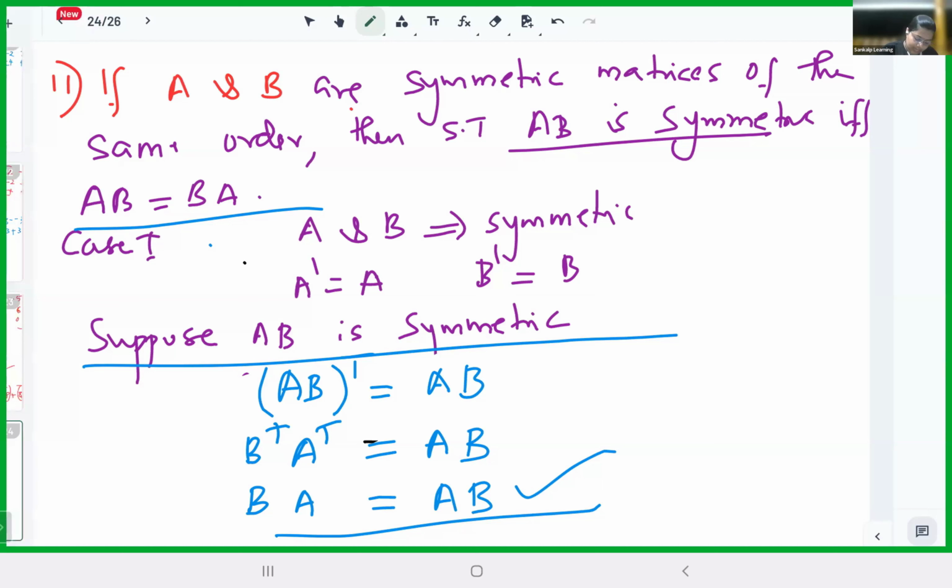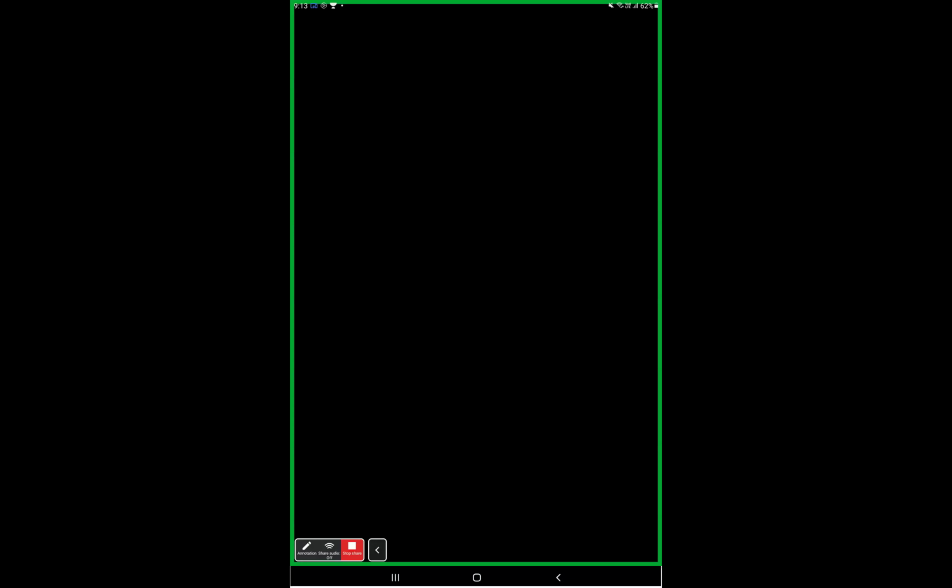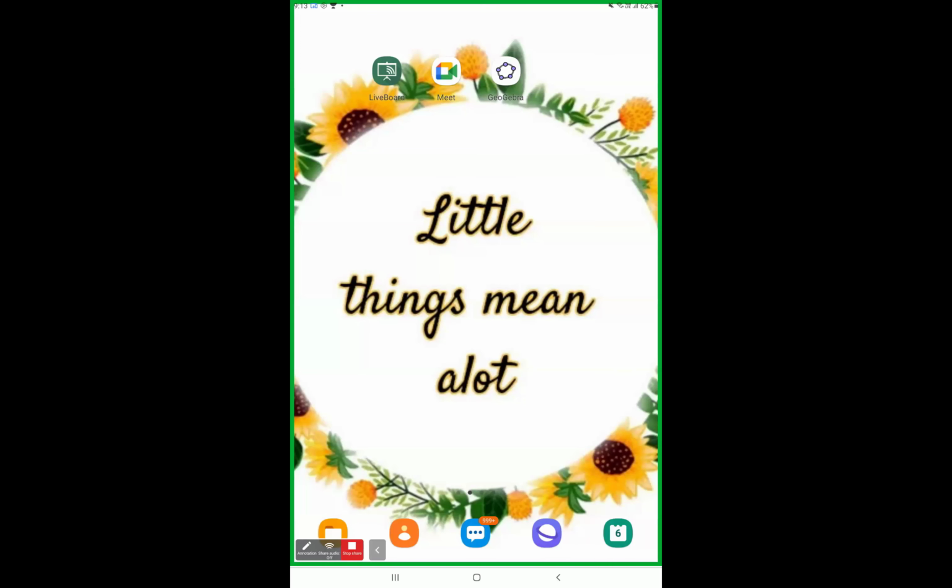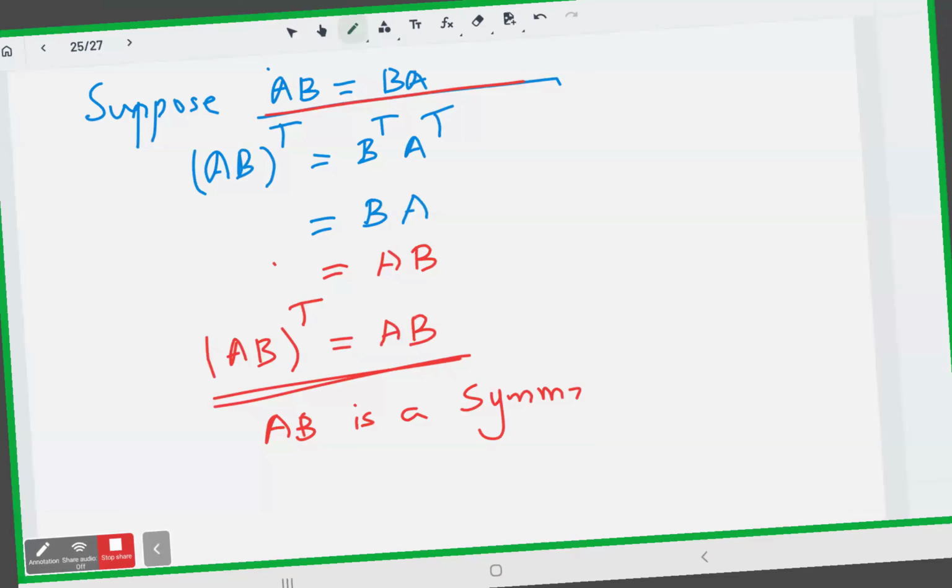AB the whole transpose is nothing but AB itself, which implies that AB is a symmetric matrix.